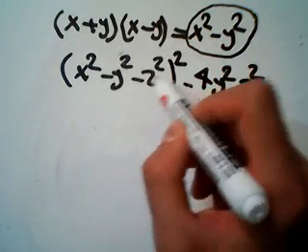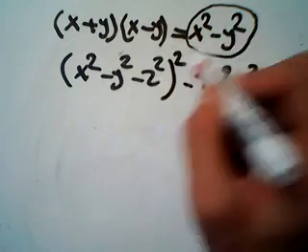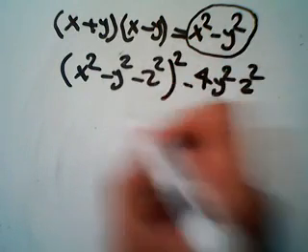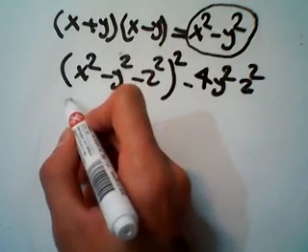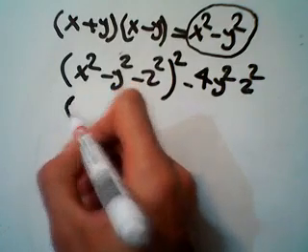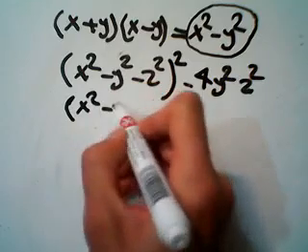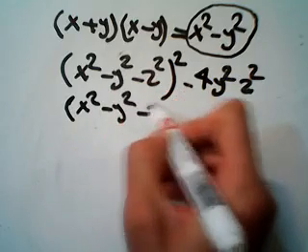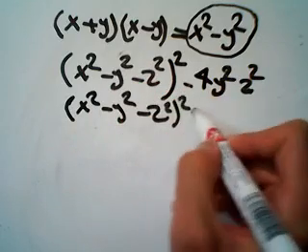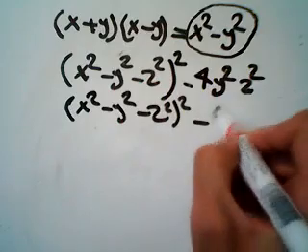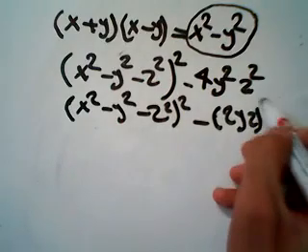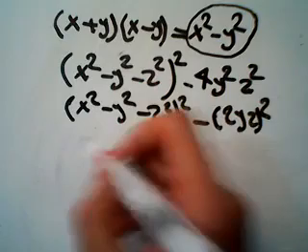This is in the form of this because it's equal to x squared minus the quantity y squared plus z squared, minus 2yz squared.